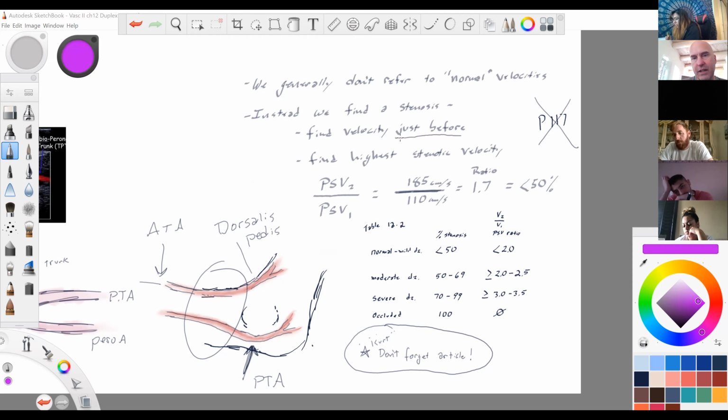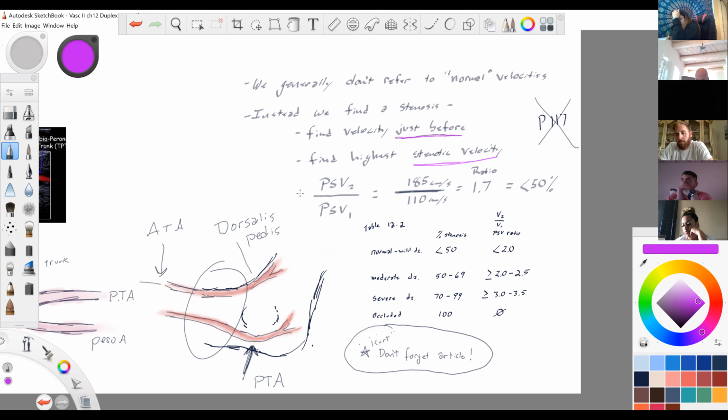What does it look like just prior to the stenosis? What does it look like at the highest stenotic velocity? Especially with multiple disease locations, that velocity is going to be going down, down, down as we go down. So between the velocity just before and at the stenosis, we could find a ratio.